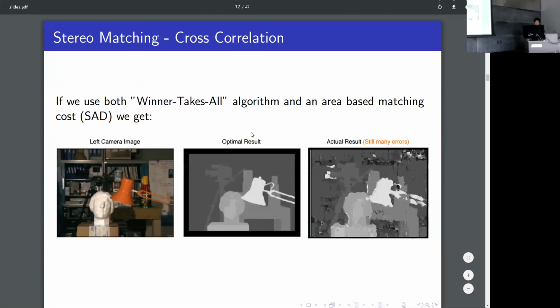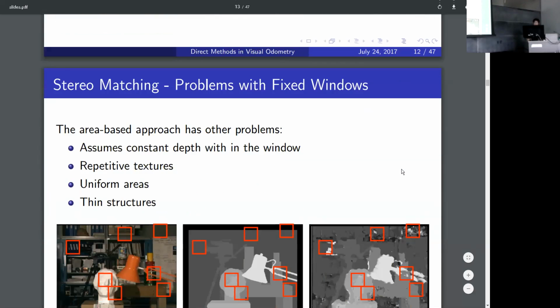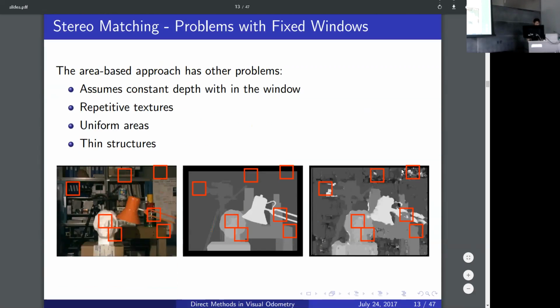And so we use a combination of winner takes all and area-based matching. We get slightly better results compared to just using winner takes all. It's better, but there are still a lot of errors. There are many other problems when you use a patch, a local method, or an area-based approach.